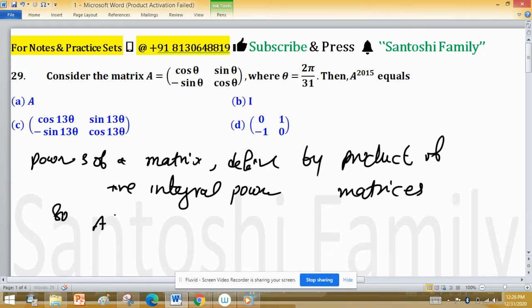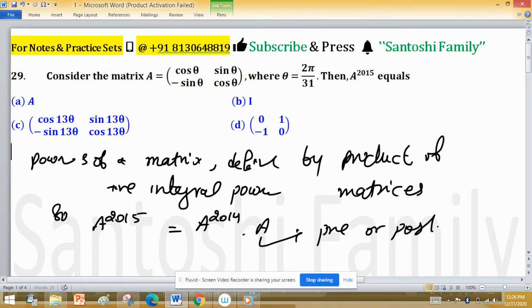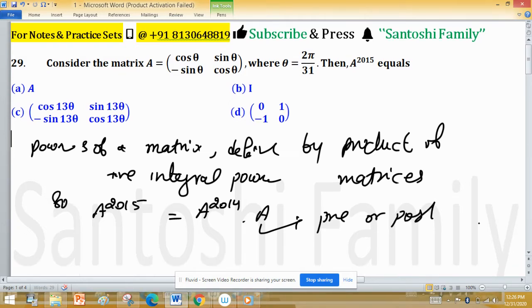So A raised to the power 2015 will be A raised to the power 2014 into A, and A may be either a prefactor or a post factor. Whether A is singular or non-singular can be checked, but here there is no issue to consider.